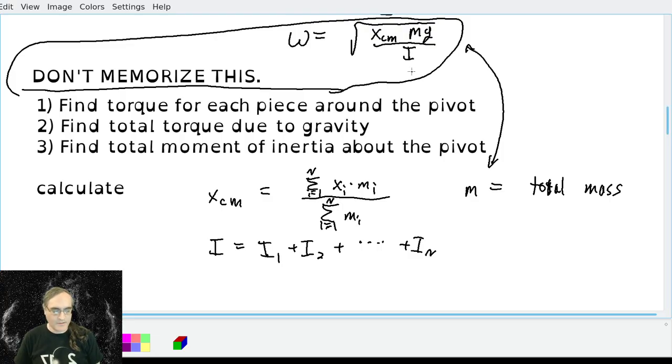Whereas how you apply this equation, you have to be super careful not to make mistakes in application. Okay. Let's see. I guess since we kind of know what omega looks like, we can talk about the period, which would look like 2 pi square root of, as always it inverts, because if omega is equal to 2 pi over the period, then the period is equal to 2 pi divided by the omega.